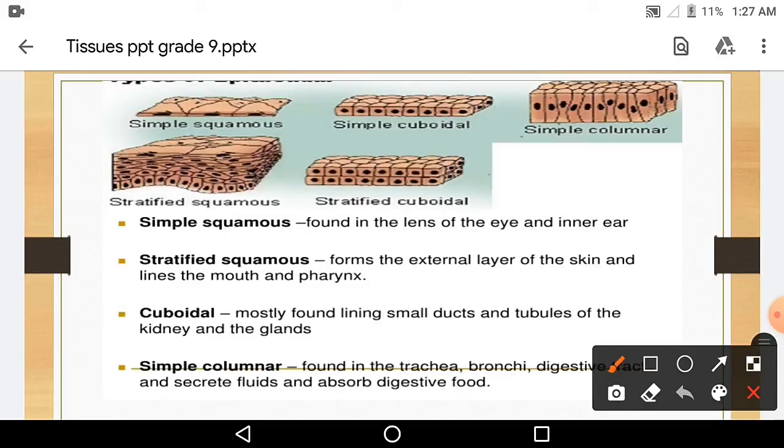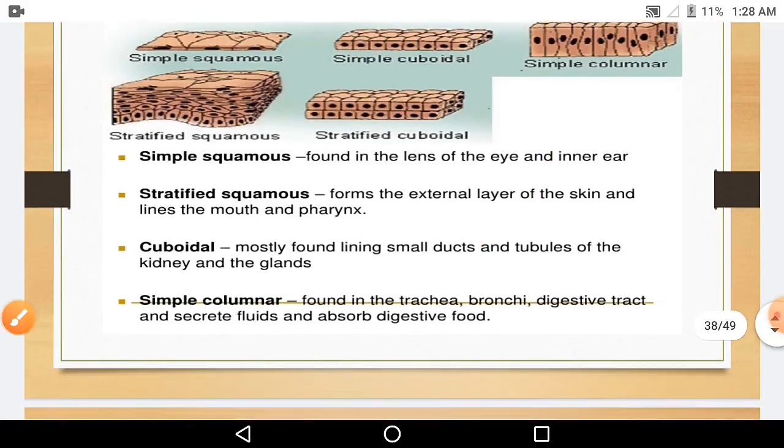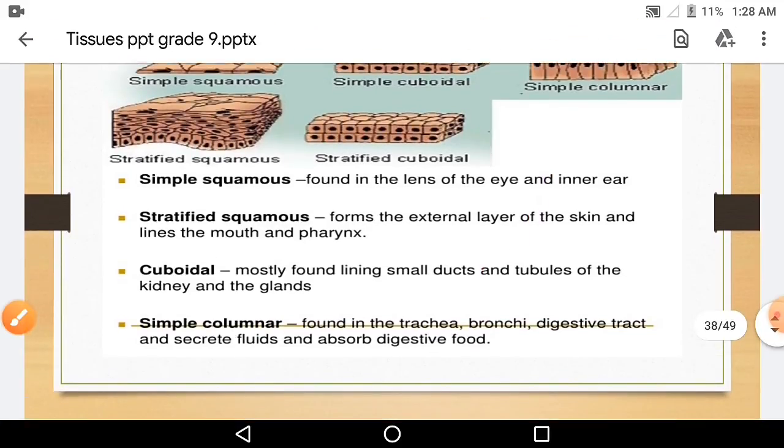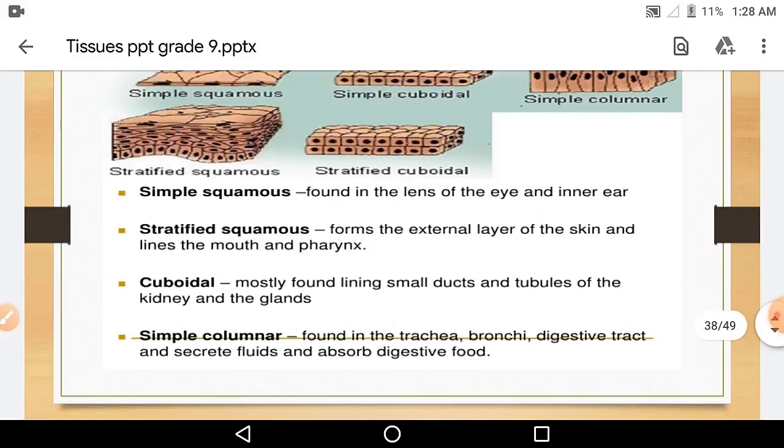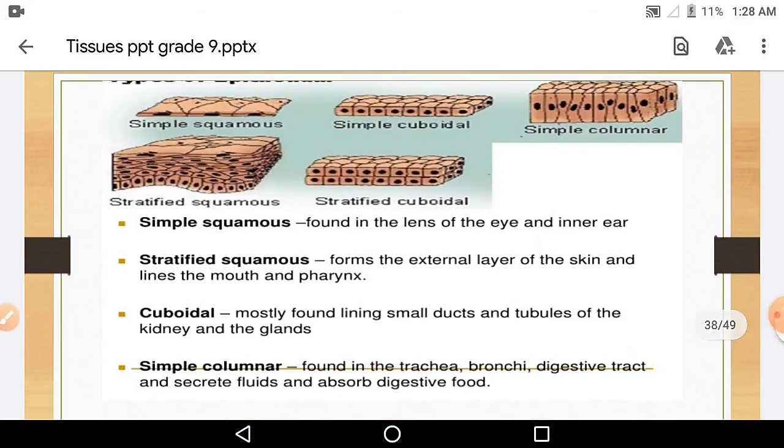Stratified squamous forms the external layer of the skin and lines the mouth and pharynx. Cuboidal means cube shape, mostly found lining small ducts and tubules of the kidney and the glands. And simple columnar is found in the trachea, bronchi, and digestive tract, secreting fluid and absorbing digested food.